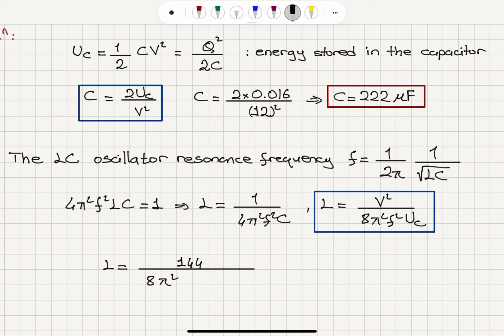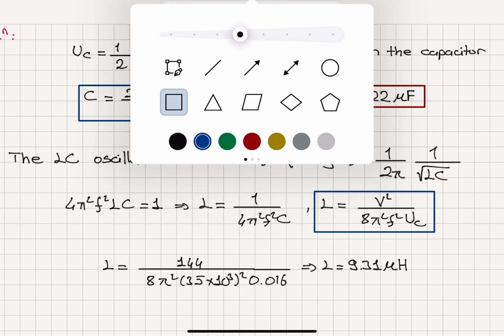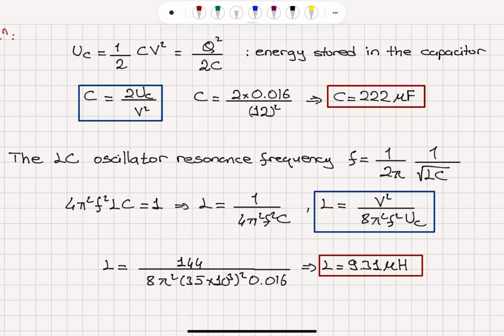The frequency 3500 Hz, 3.5 times 10 to the 3 Hz squared, times the energy 0.016 joules, and this gives us an inductance value of 9.31 microhenries.